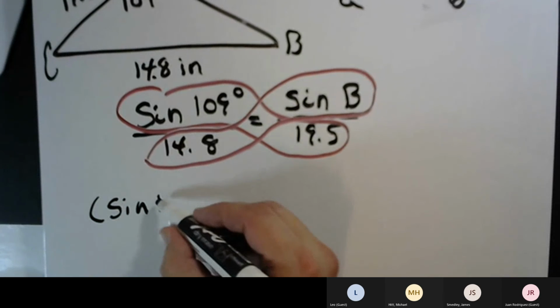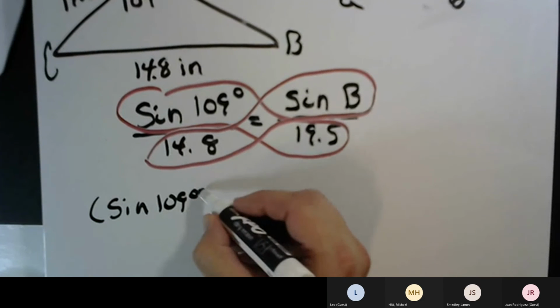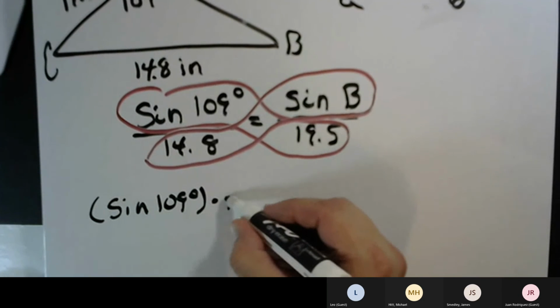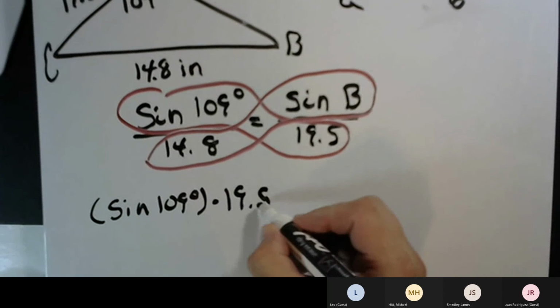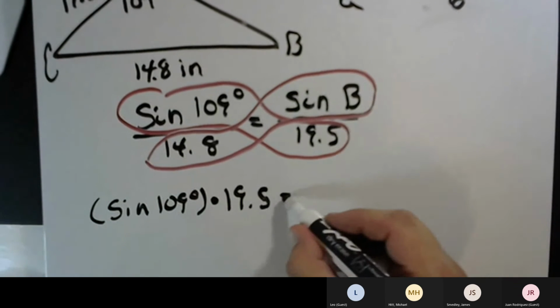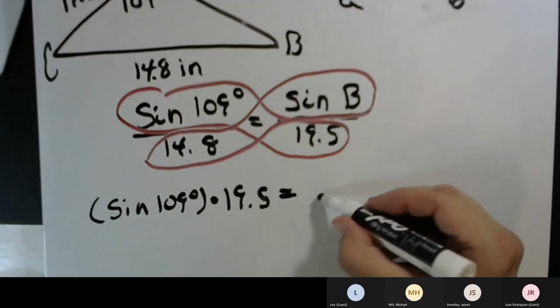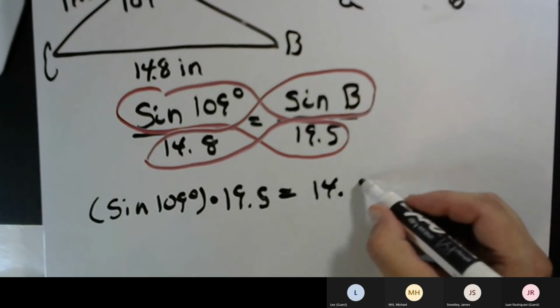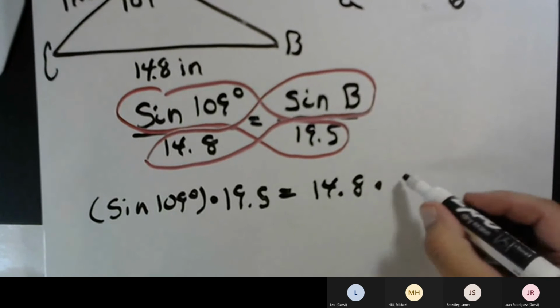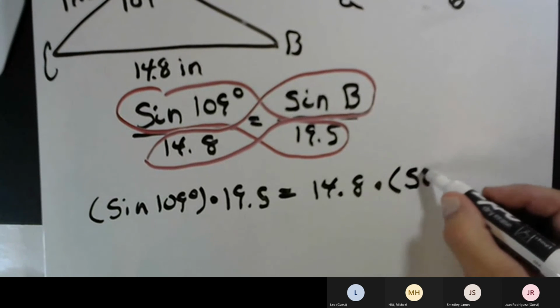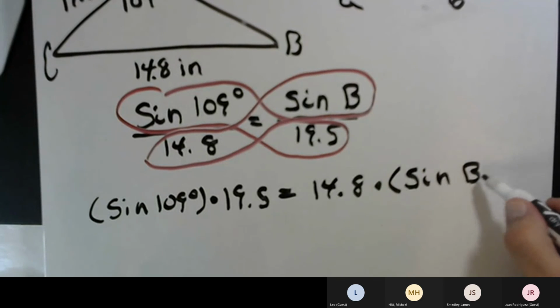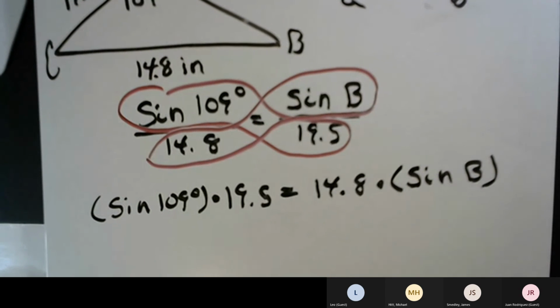And what we'll get is sine 109 degrees times 19.5 equals 14.8 times the sine of B. So what do we do here?